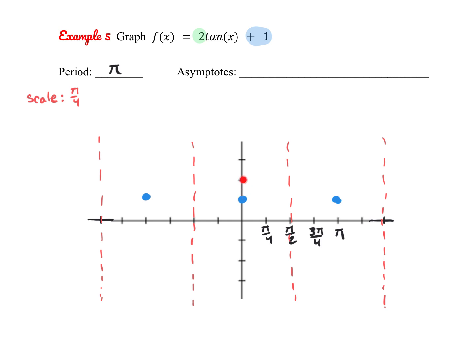So instead of going up 1 over pi over 4, I'm actually going to go up 2 over pi over 4, and down 2 over pi over 4. And then we just connect our coordinates and do your best to travel along the asymptotes.